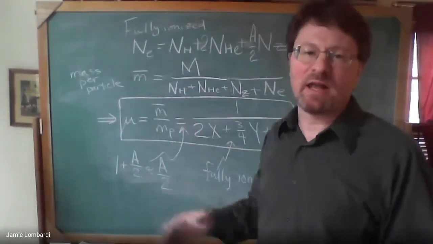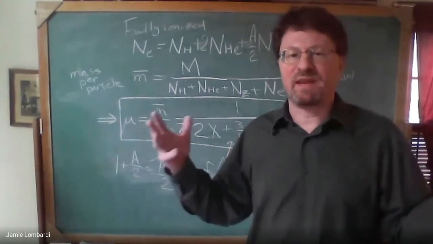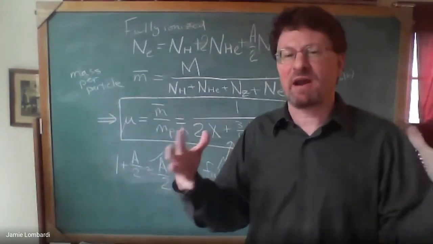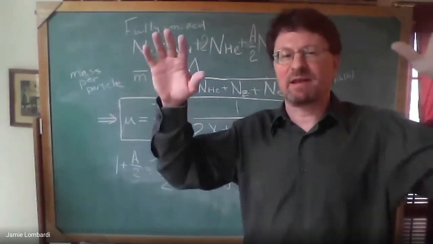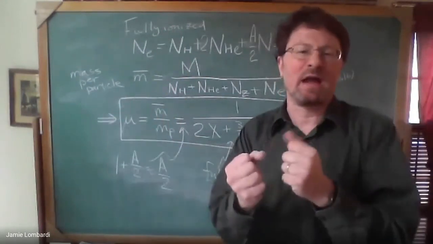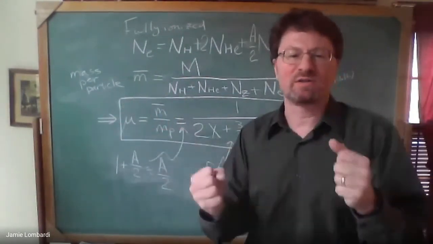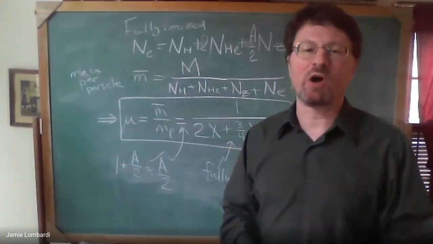So I'm not trying to claim that the star is fully ionized everywhere. But if it's the interior of the star you care about, and you're not worried so much about the light coming from it, that the atmosphere is just fluff to you, and you care about when stars collide, for example, where does the mass go and so on, then it's a wonderful approximation in almost all cases to say that it's fully ionized.